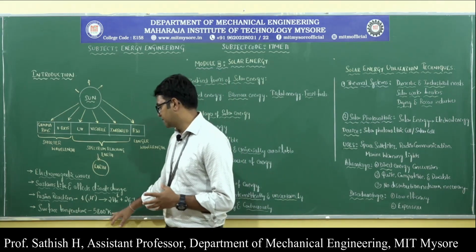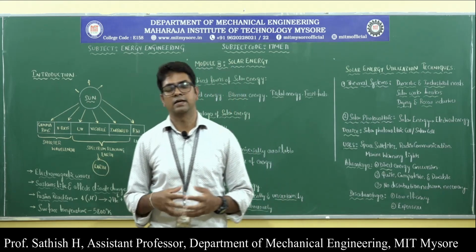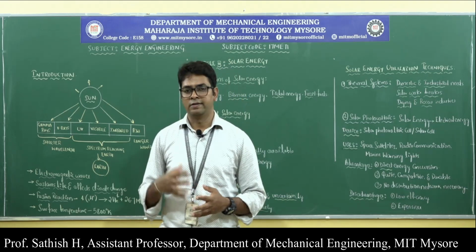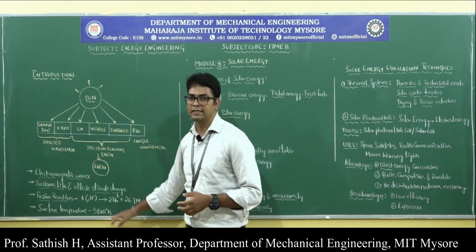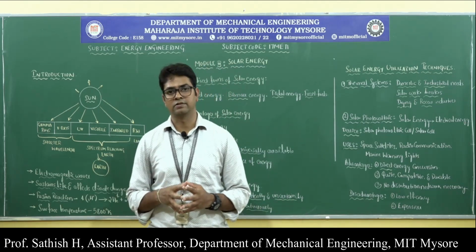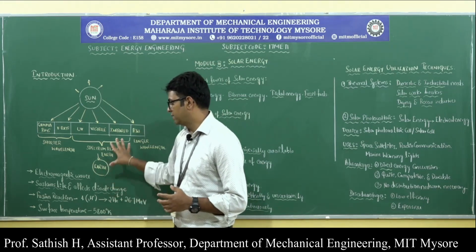And then we have the surface temperature. We know that the sun releases an enormous amount of energy, so the surface temperature is on the order of 5,800 degrees Kelvin. Very high temperatures can be encountered on the surface of the sun. So this is a brief introduction.